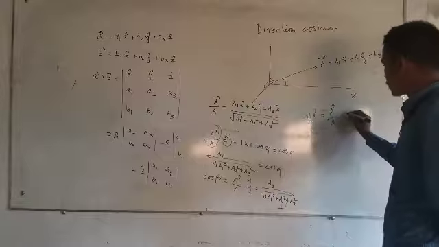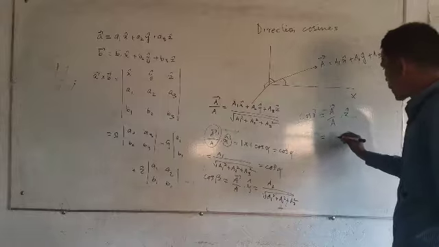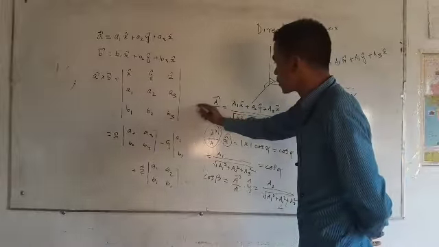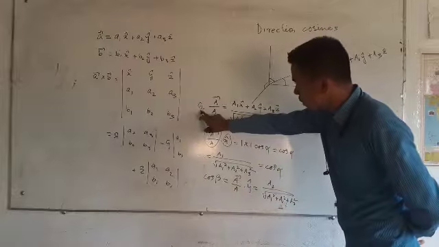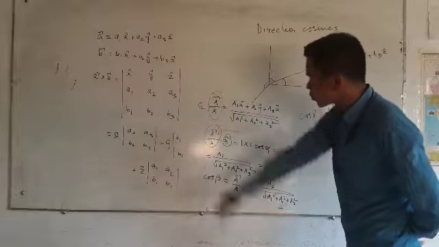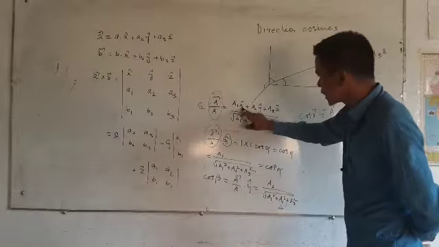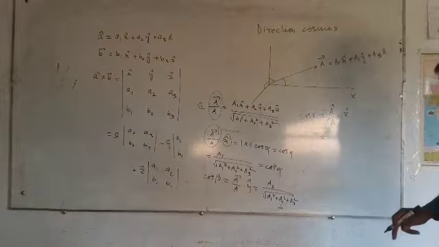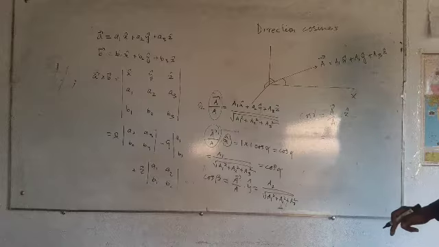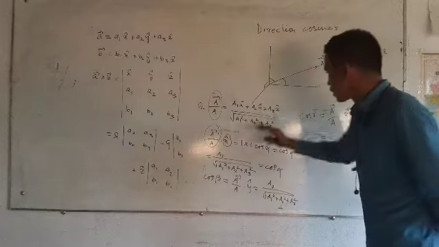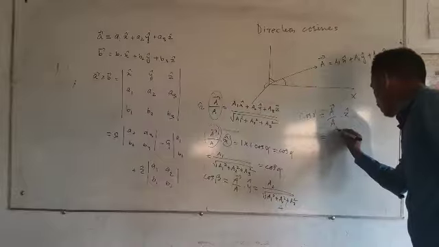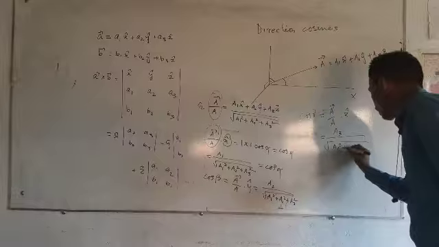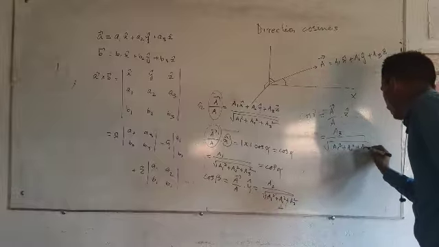This unit vector has magnitude 1, and z cap also has magnitude 1. z dot x is 0 and z dot y is 0 because the angles between z and x, and z and y, are 90 degrees. Therefore, we are left with z dot A3 z cap, and the result is A3 divided by root over A1 square plus A2 square plus A3 square.